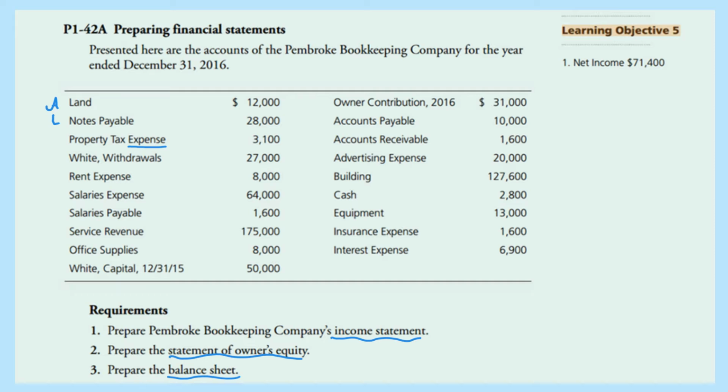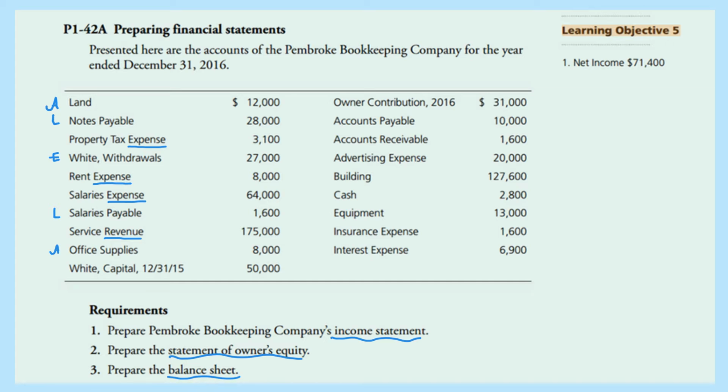White withdrawals, so withdrawals, it's an equity account. White means the owner. Rent expense, it's an expense account, so in the income statement. Salaries expense will also be in the income statement. Salaries payable, it's a liability account. Service revenue, it's revenue, so it's also in the income statement. Office supplies, it's an asset account.